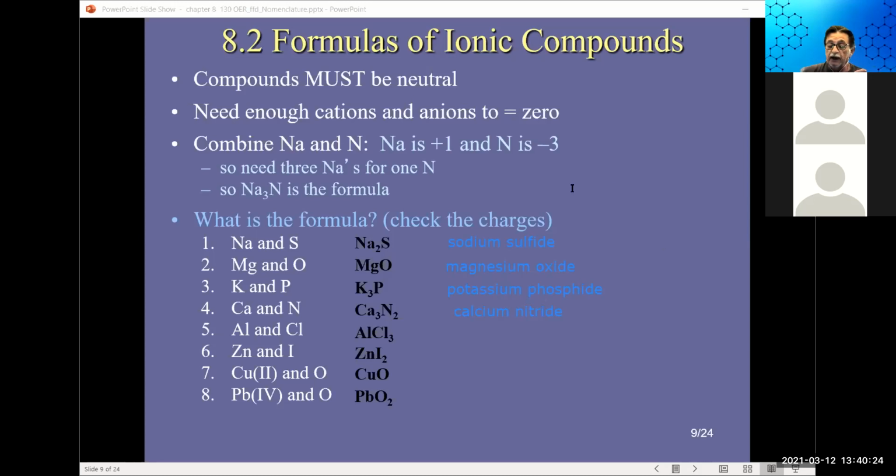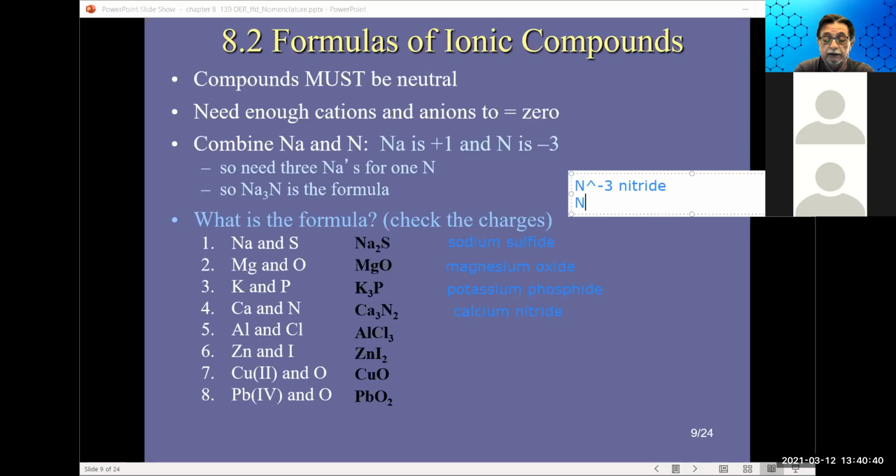When you throw in the ATE, let's take a look at this. Nitrogen, nitride had a -3. Nitride.